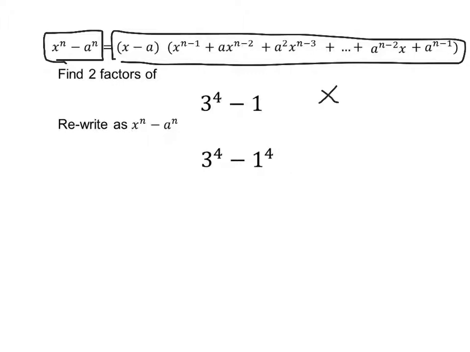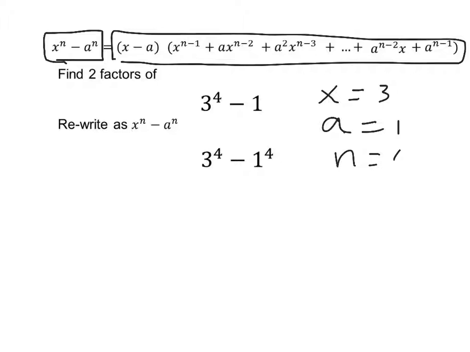Our x is 3, and our a is 1. For any of these problems, if it's a challenge to you, I will ask you to always try to determine what x is by comparing. If you compare that to that, our x is 3, our a is this number, that's 1, and our n is 4.